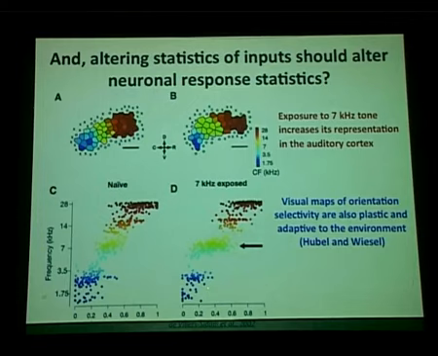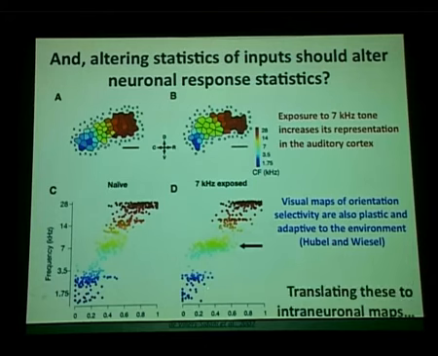Right? So it's as though this is a much more sense-specific modulation paradigm, where you're trying to alter the statistics and see if the neurons are matching this altered representation scheme. Right? So you see that you do get some kind of a modulation in the statistics. So this is what we saw from the sensory visual system and the auditory system.